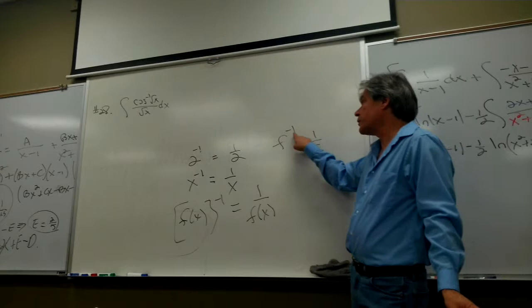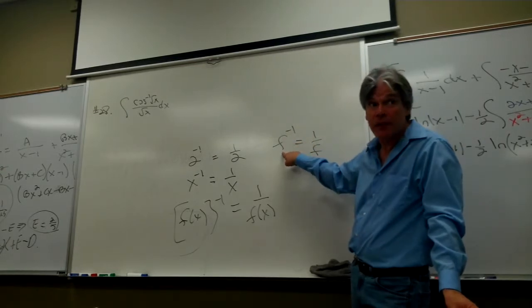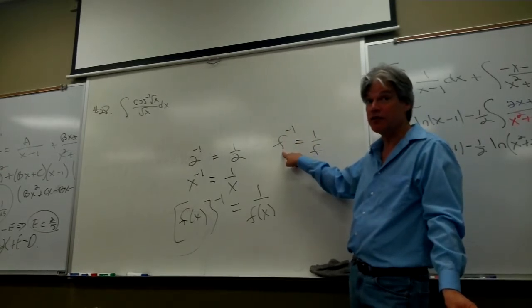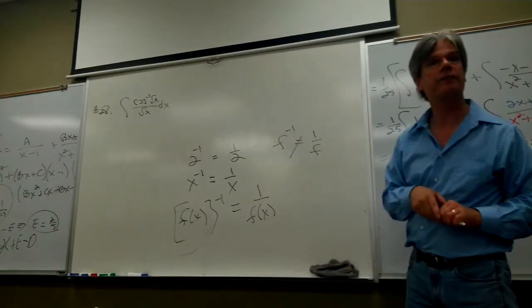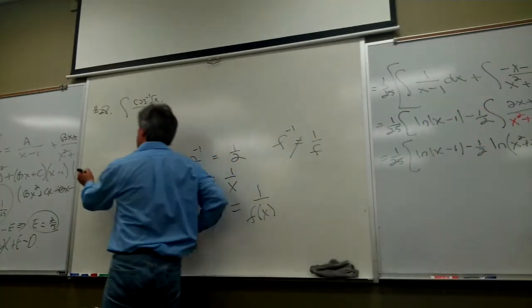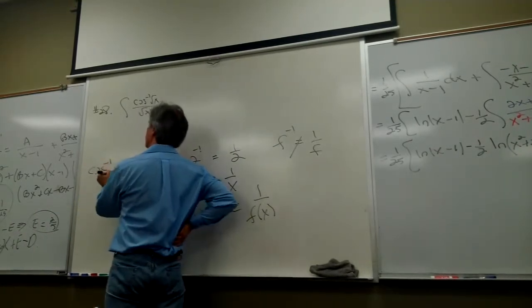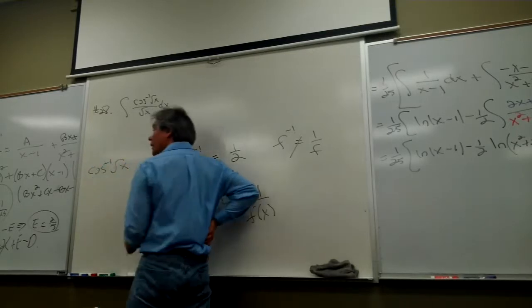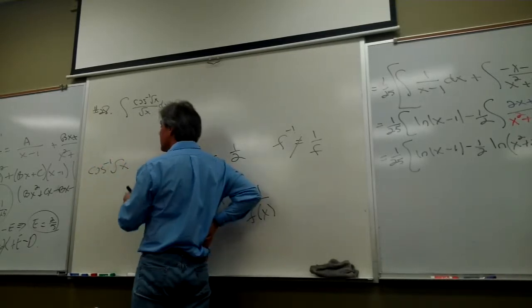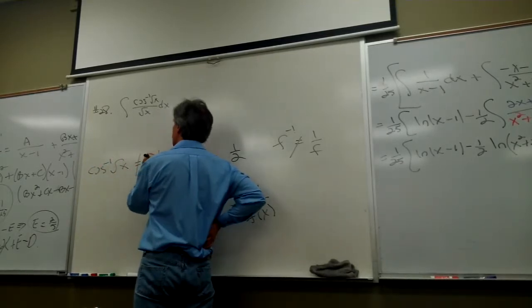Here's a superscript attributed to the letter f, which does not represent a variable. It's a process, it's a function. And so here, this is really referring to the inverse of my function f. And likewise, with cosine superscript -1, that -1 is a superscript for a function's name, cos. I don't think I'm allowed to interpret it as an exponent.